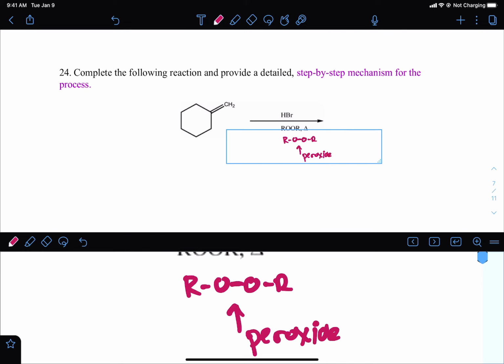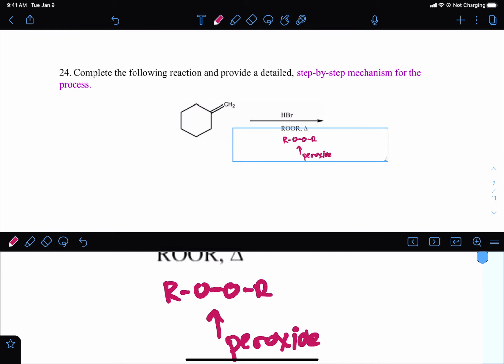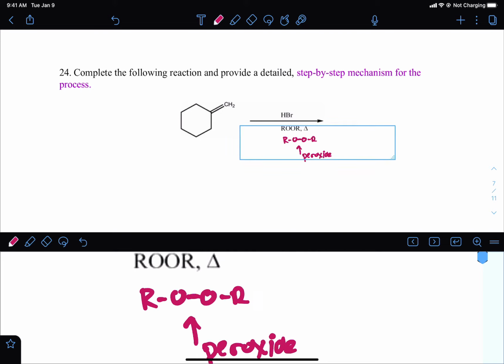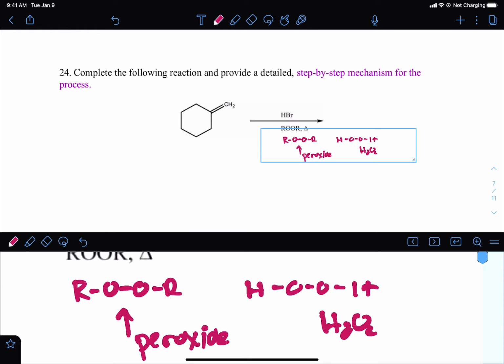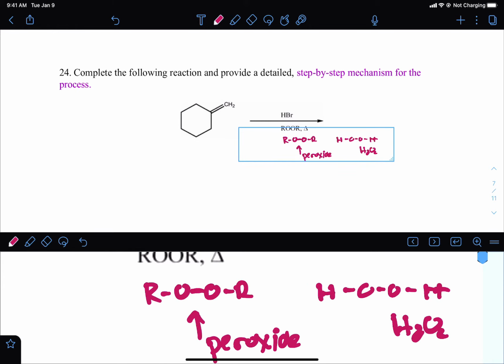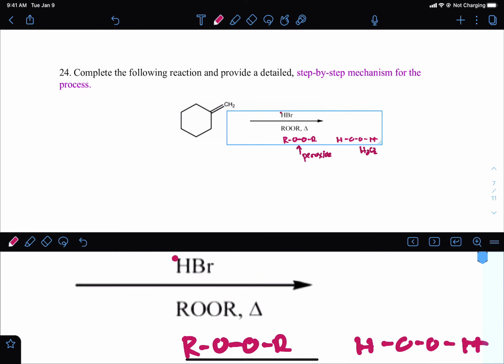So here they're just specifying a generic peroxide. It could also be hydrogen peroxide, HOOH, or H2O2, right? That's hydrogen peroxide. The point is that you need a peroxide of some kind for this. So HBr with a peroxide.